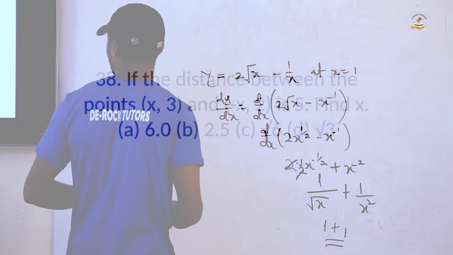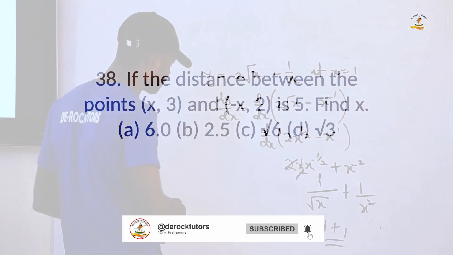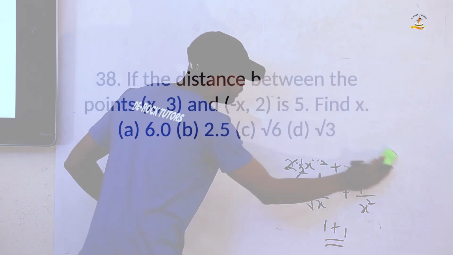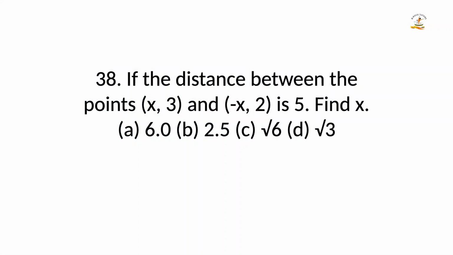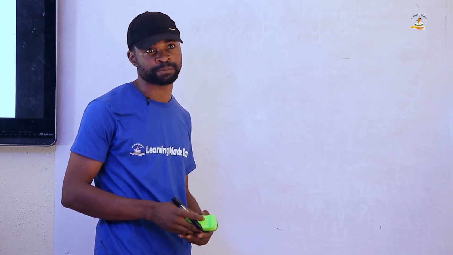Looking at the next question, which is question number 38. This question has nothing to do with differentiation because it requires obtaining the distance between 2 points and finding the value of an unknown variable as given in the points.